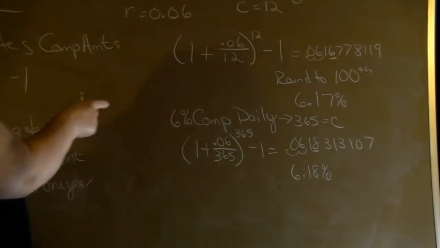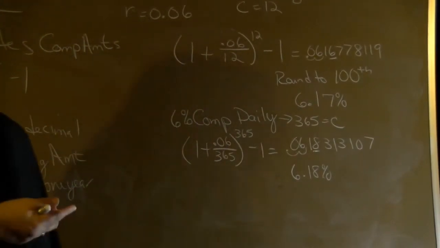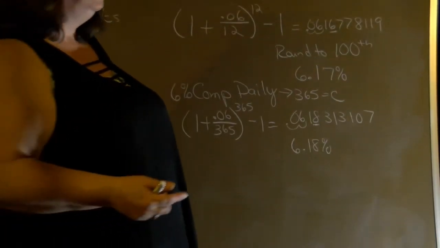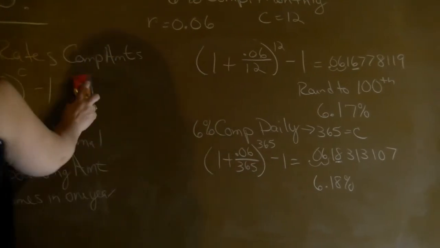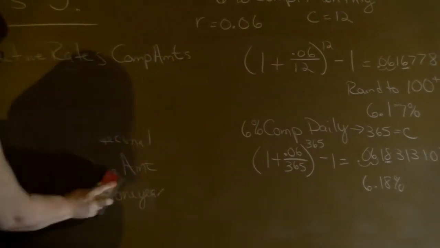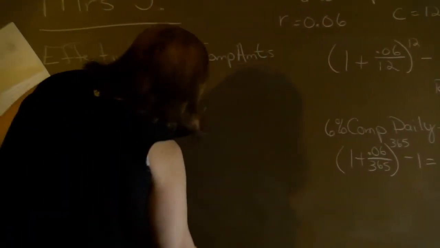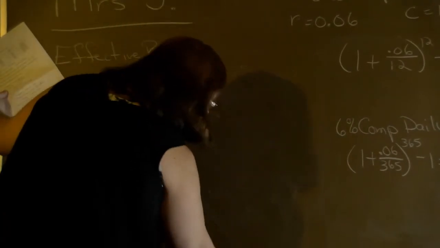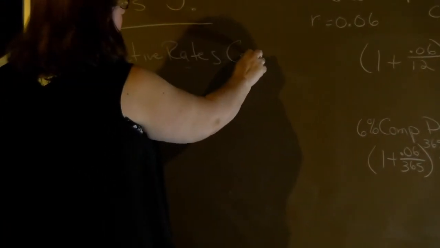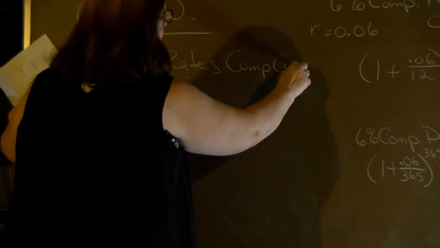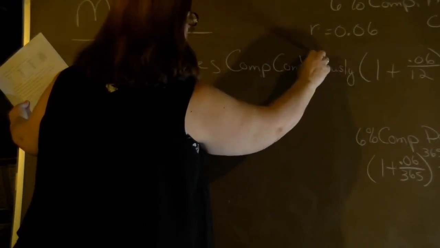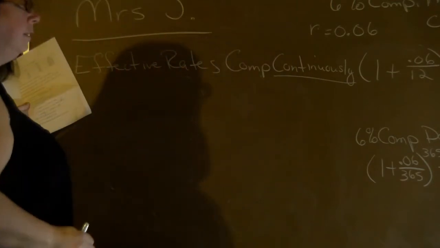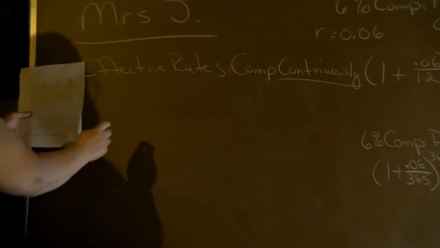And those are for compounded amounts, but there's also what's called compounded continuously. And that uses an exponential function. When it's compounded continuously, then the formula is a little bit different.